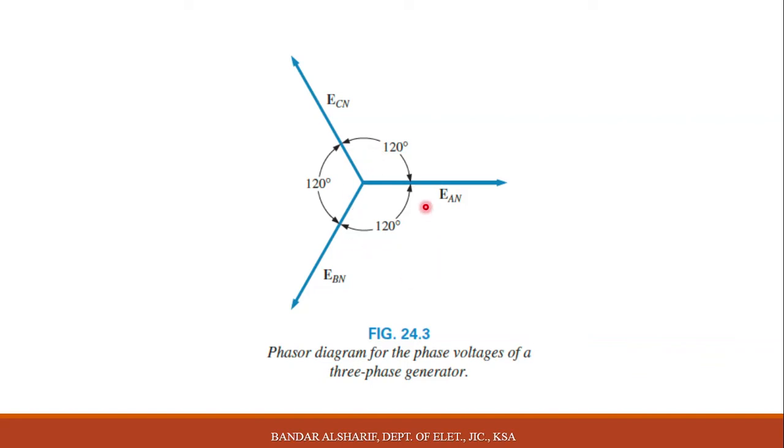We will see different sequences later. This is called positive sequence here, EAN here and EBN here and ECN here. We will see the negative sequence if it is EAN here and ECN here and EBN here. Later we'll discuss this.